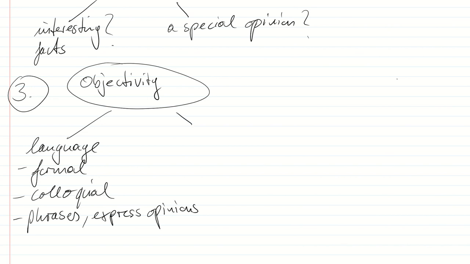And of course, you have to look if there are facts and knowledge from experts, or are there opinions and personal views in the text? And what is more? Are there more facts and experts, or are there more opinions and the personal views of the author?